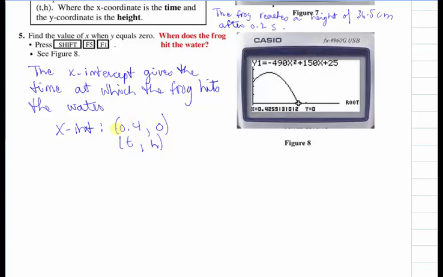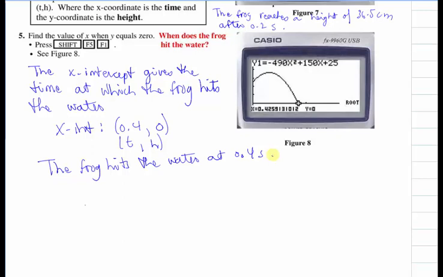So when the time is 0.4 seconds, the height is 0. So height is 0 when the frog hits the water. So the frog hits the water at 0.4 seconds.